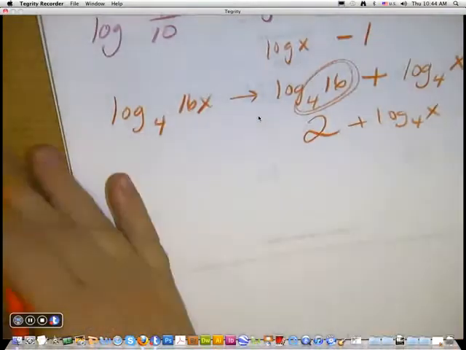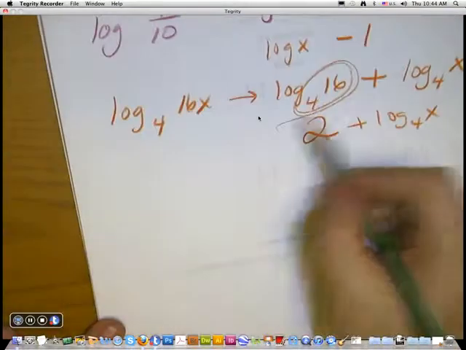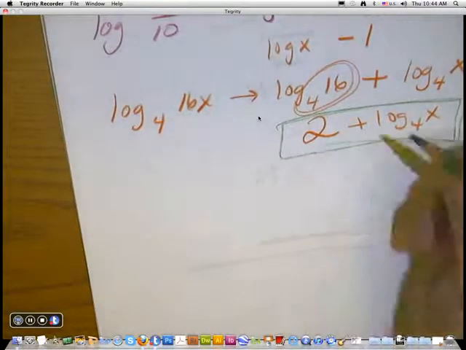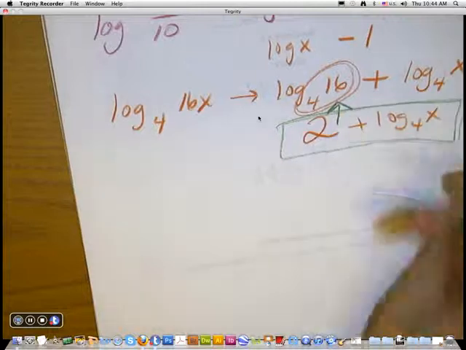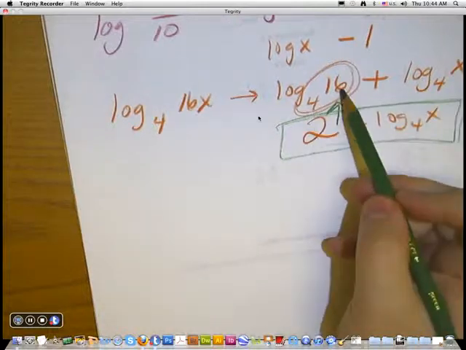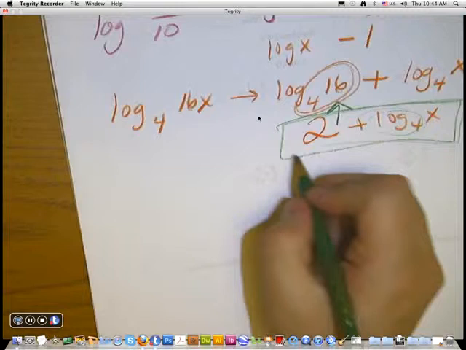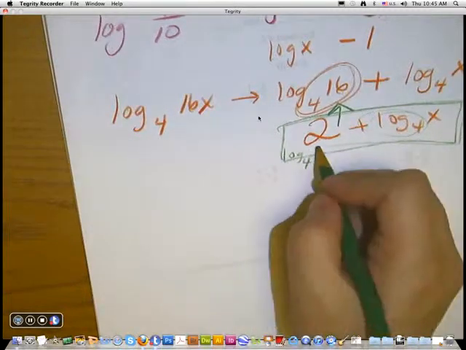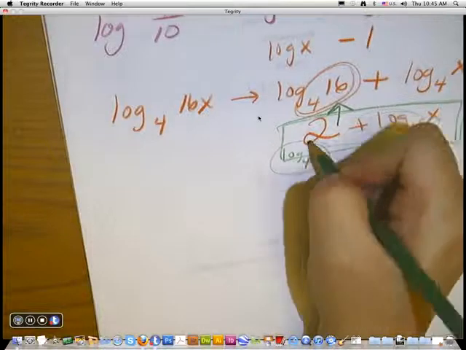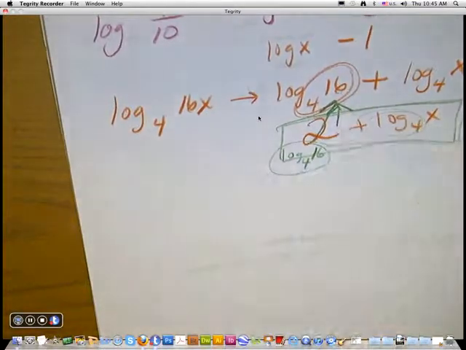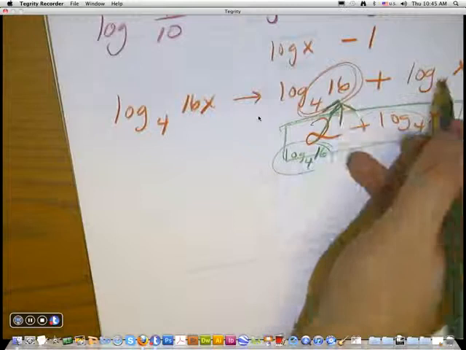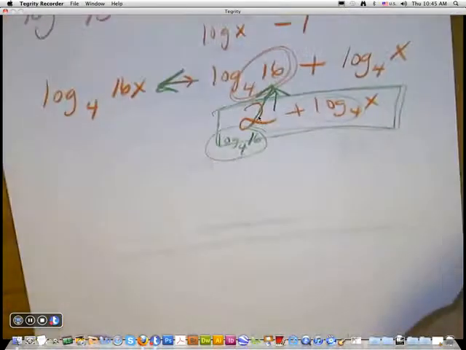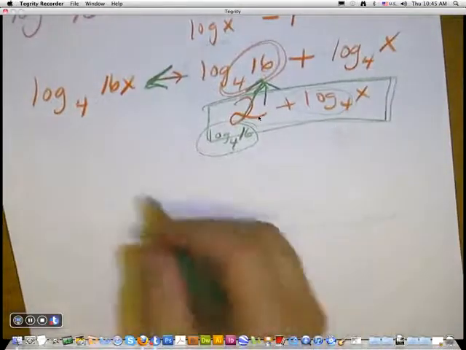All right. And vice versa. If I'm going to go the other way, let's say this is given to me as a problem. You would need to translate this 2 up to log base 4 of 16. You would know that the base is 4, so you would say, okay, 4 squared is 16. That's how you rewrite it into the log form, and then the expanded form back to the condensed form. And again, all of this works for natural logs.